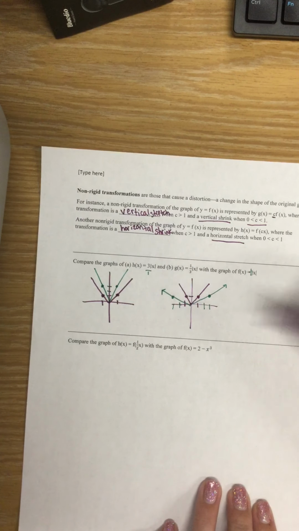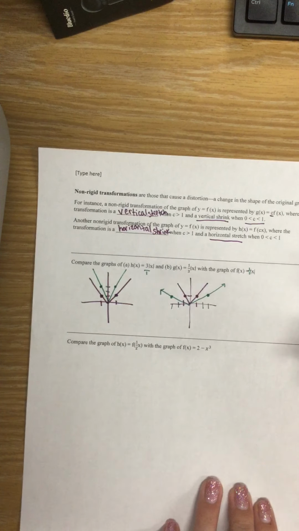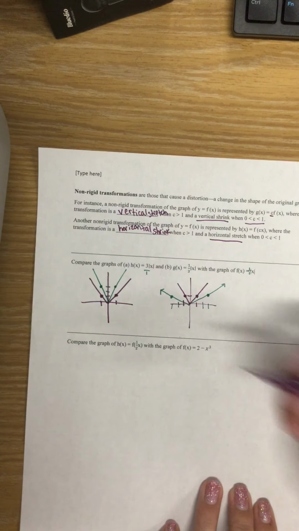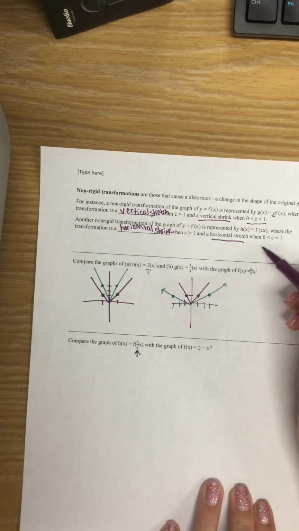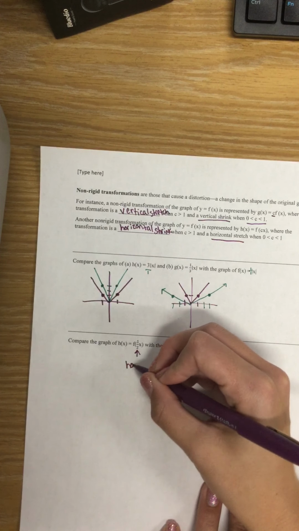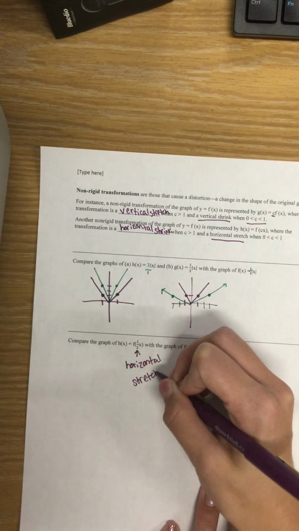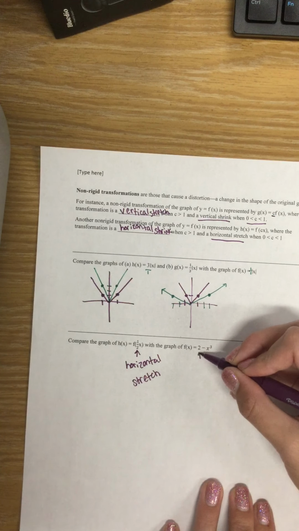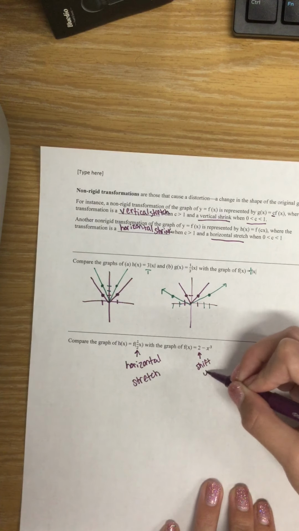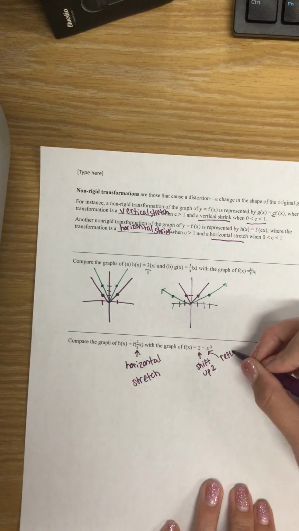Relative to the graph of 2 minus x cubed, this graph is a horizontal stretch, because this guy, the 1/2, is inside with the x and it's between 0 and 1. But we're just labeling it right now. This guy is a shift up 2. And then this tells us that we have a reflection.